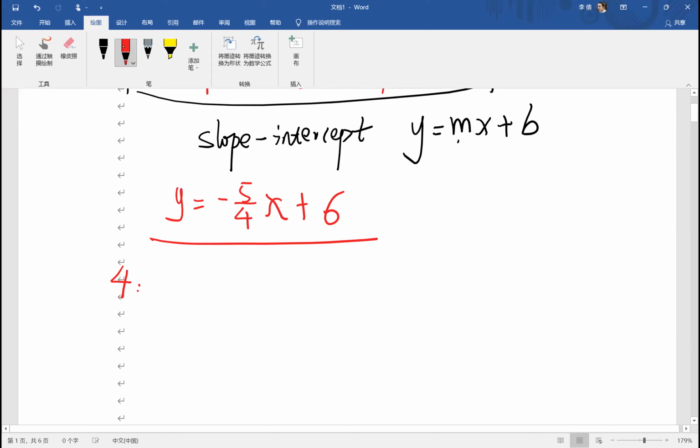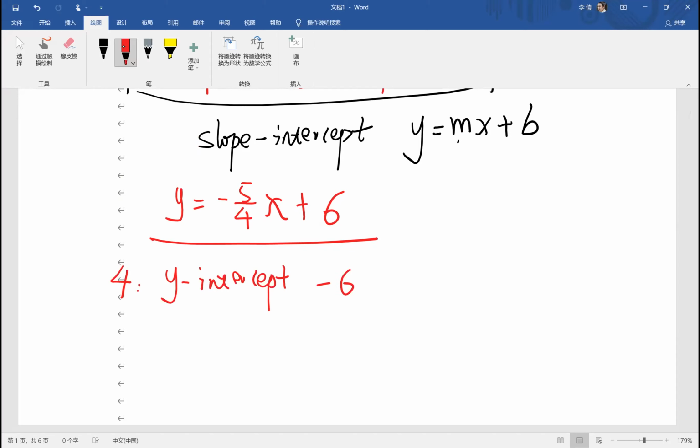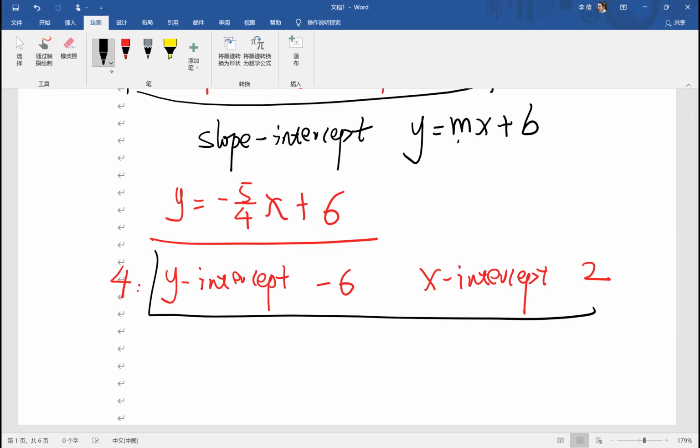The fourth one has y-intercept equal to -6, and the x-intercept is 2. If we know this, using the y-intercept -6, the line must pass through which point?